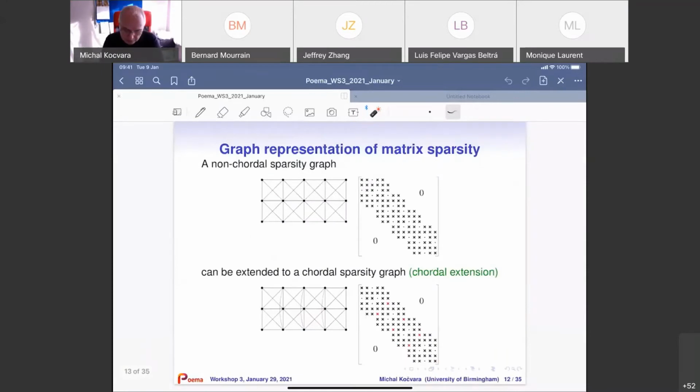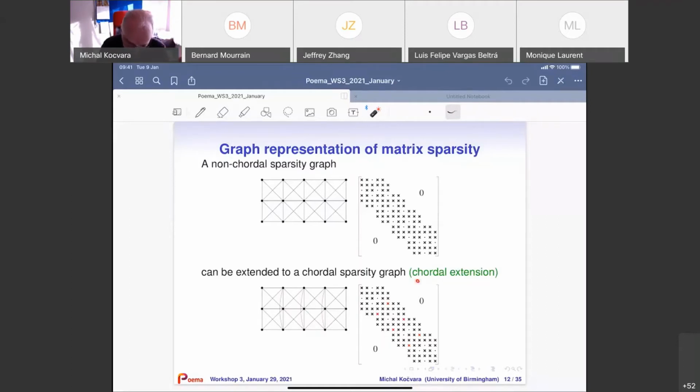So what we can do, we can extend that graph to make it chordal. We can extend it by these red edges, assuming that there is indeed an edge in the graph between these 2 points, which means we assume that these elements, which are assumed to be 0, are actually potentially non-zero, these elements of that sparse matrix.